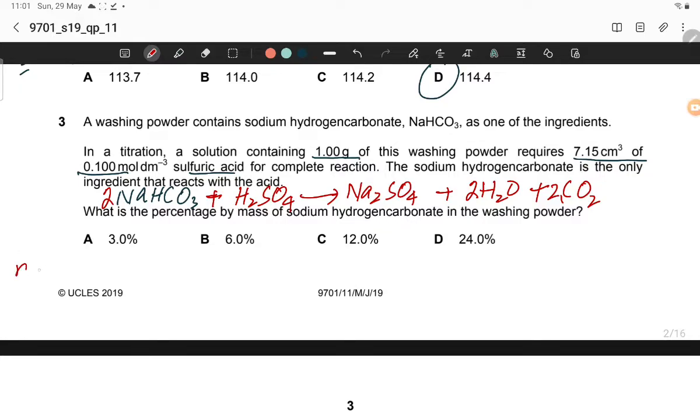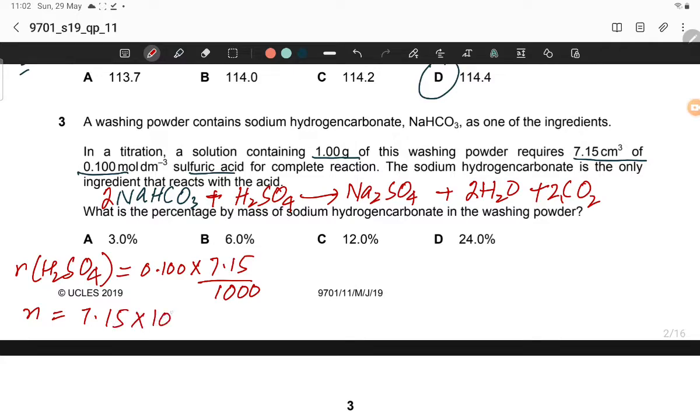Let's calculate the moles of sulfuric acid. H2SO4 is equal to 0.100 into 7.15 divided by 1000. The moles are 7.15 into 10 raised to minus 4. Mole ratio between sodium hydrogen carbonate and sulfuric acid: 2 moles react with 1 mole of sulfuric acid.